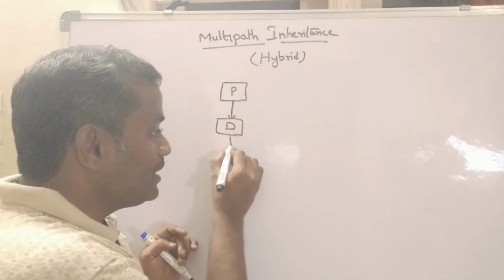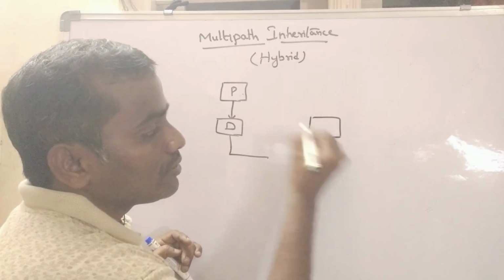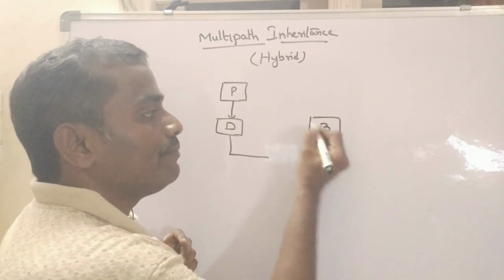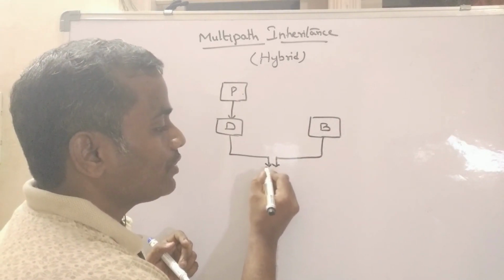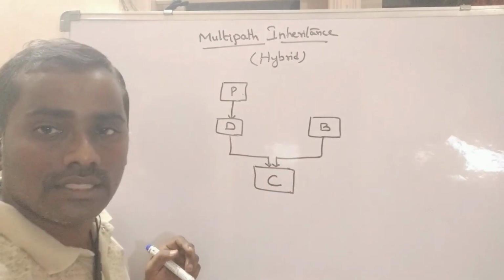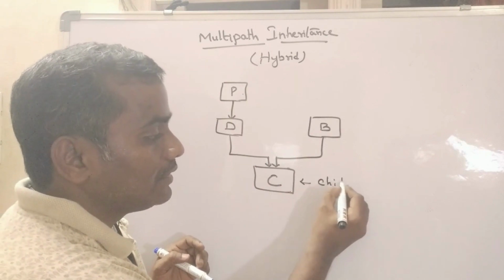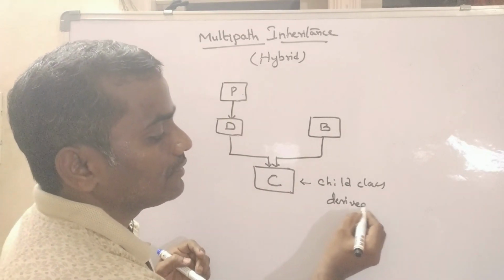Now, suppose there is one more either derived class or base class, whatever it may be. Now I have to derive one more class, called a child class. Now class C is a child class or derived class.